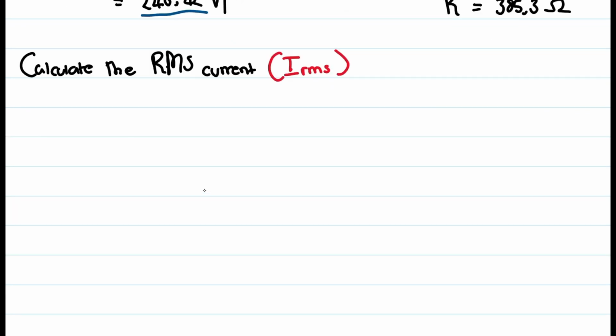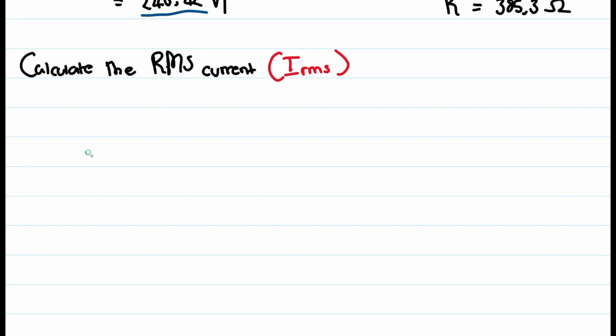So let's say the question says calculate the RMS current. The RMS current is usually represented by IRMS. To find IRMS, we can use several equations as well.